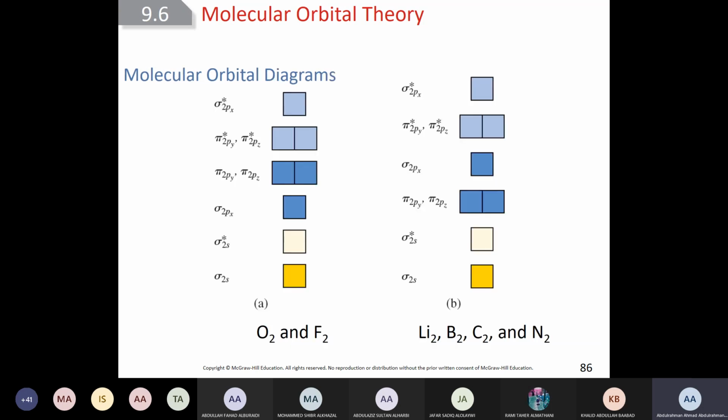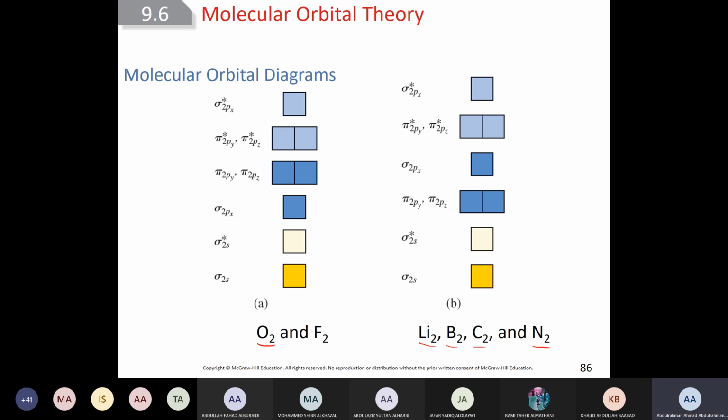Now, the most important thing in this slide, I want you to memorize this extremely well. This is the orbital order when we have 2 atoms mixed together. If we have lithium or B2 or C2 or N2, then we will have this order.